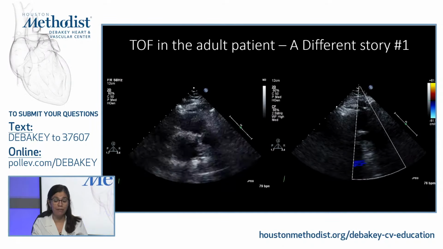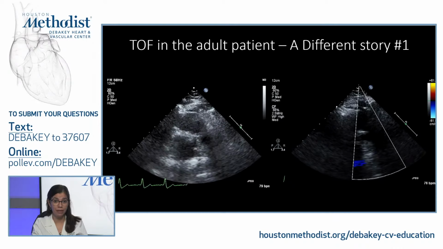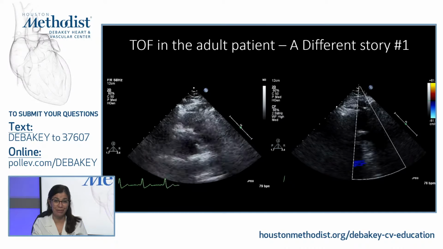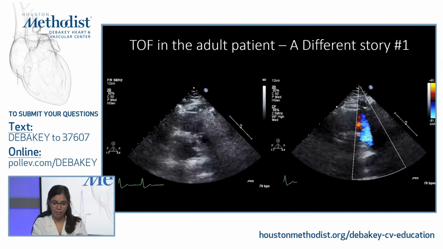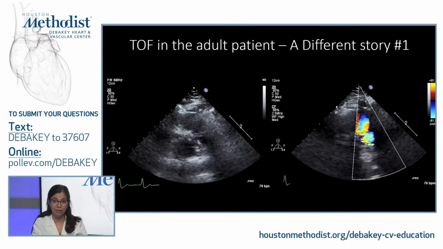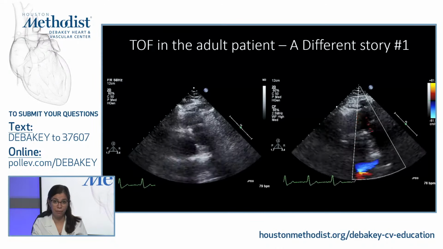Looking at the pulmonary valve of an adult patient is much harder than looking at the pulmonary valve of a child. As you can see, despite efforts, the windows can be challenging, but still we have a lot of resources to look at them, and I'll walk you through them.